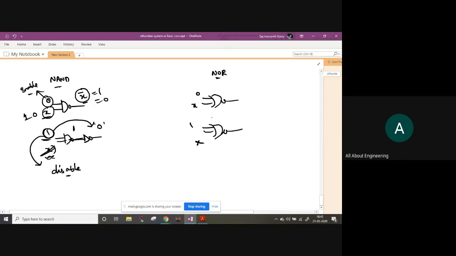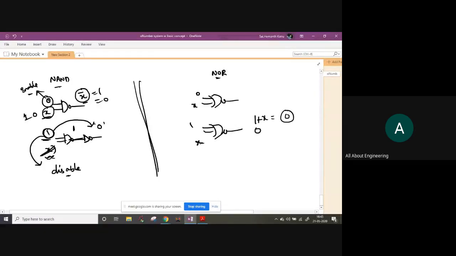Similarly, for NOR gate, if you look, if it is 1, 1 plus anything is 1, 1 bar will be 0. Sorry, I think I explained this NAND gate wrong. I will get back to this NAND gate. You just listen NOR gate first. 1 plus anything is 1 and that complement will be 0.